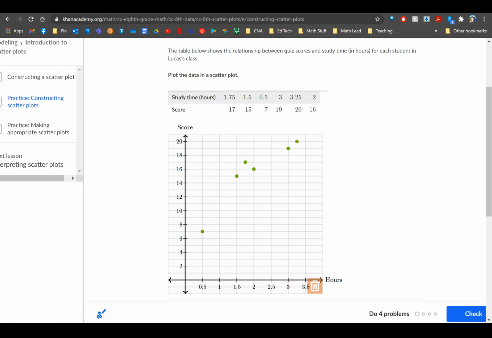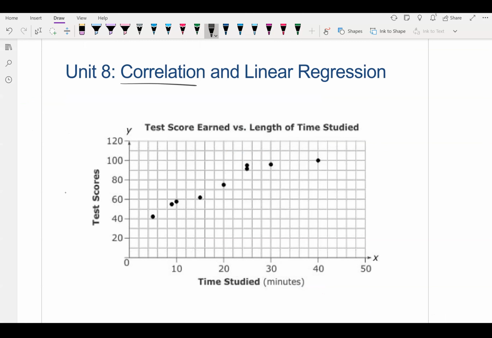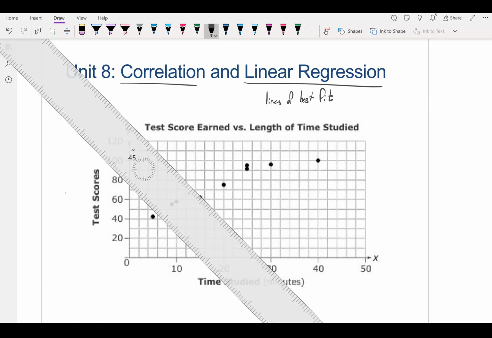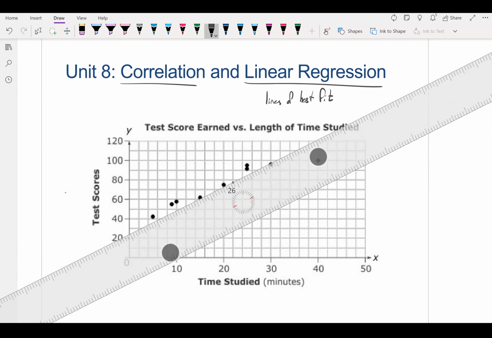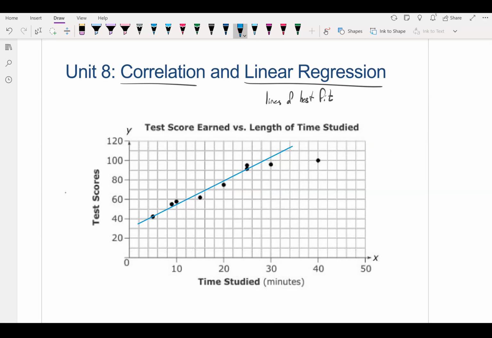Let's jump back into the notes. So the big ideas in this unit are going to be correlation, which means if there's a relationship between the two sets of data that we're checking, and linear regression, which is essentially lines of best fit. So if you were to take, for example, this data here, which is time studied and test scores, and try to draw a line, maybe you would eyeball it and say, this is maybe the line that you would make.